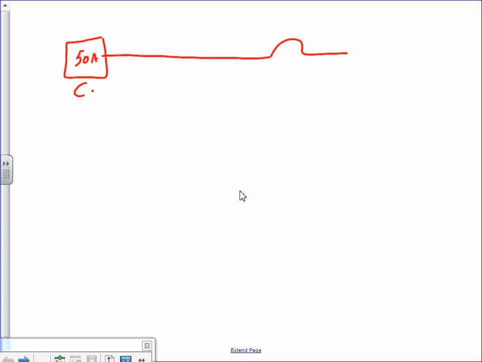The conductors that I'm using are THHN. Okay? Everybody's okay with this? That's my conductor. And the ambient temperature equals 130 degrees Fahrenheit. Cool? Everybody's okay with that?